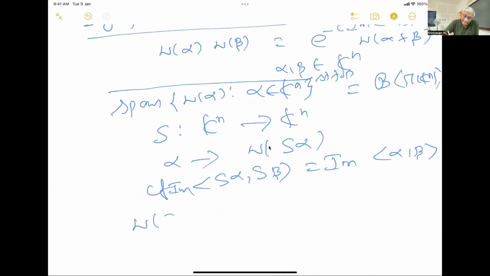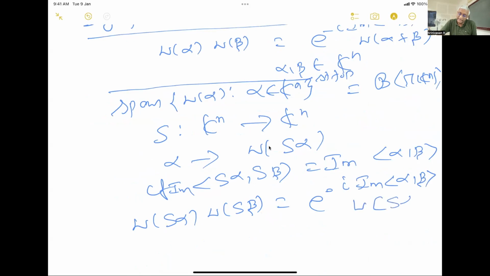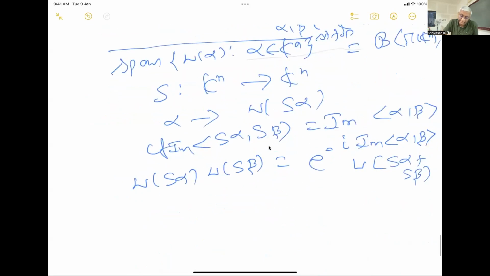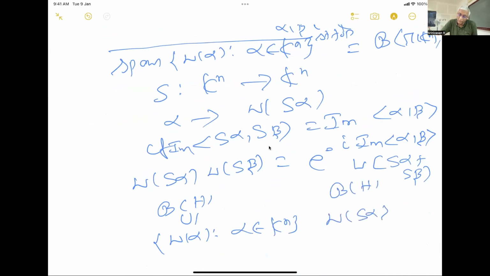Then W(Sα)W(Sβ), this is how the product behaves: e^{i Im⟨Sα,Sβ⟩}, which is the same as e^{i Im⟨α,β⟩}, W(Sα+Sβ). So you have the same B(H) containing the W(α), α in C^n, and the same B(H) with W(Sα).